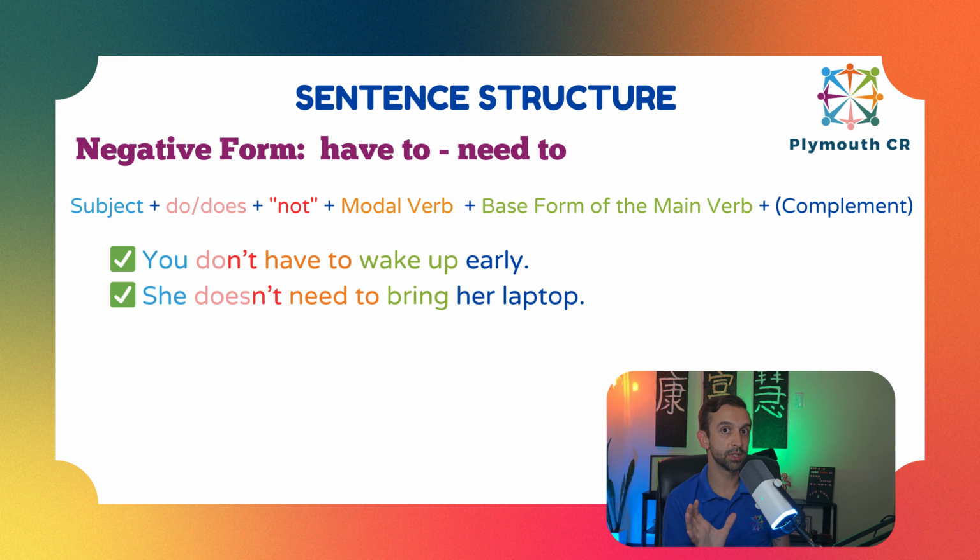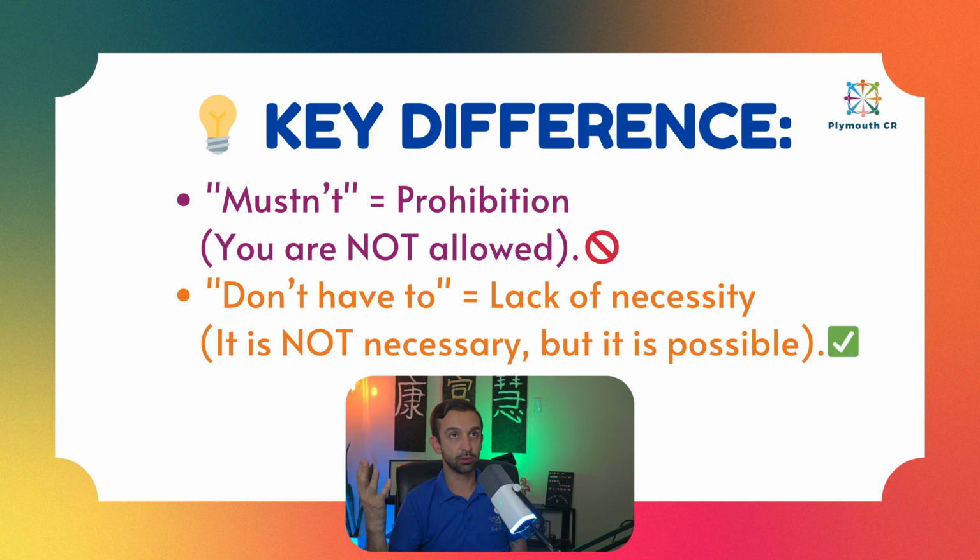So this one is a little bit different and works differently from the previous one, so you have to pay attention to that. Before I move on to the meaning or how to use the other one or what they express, I want you to pay attention to this key difference between must not or mustn't and don't have to, because when you use them in affirmative, they may have a similar meaning, but when you use them in negative, mustn't is talking about prohibition.